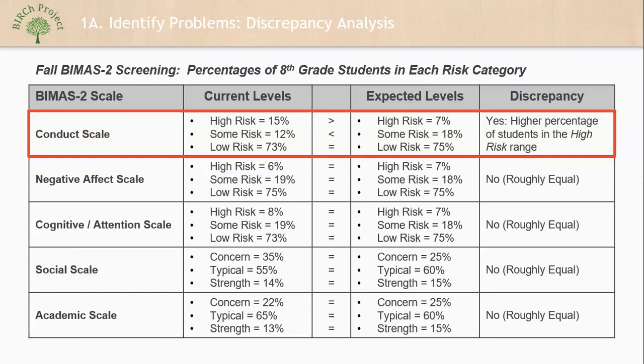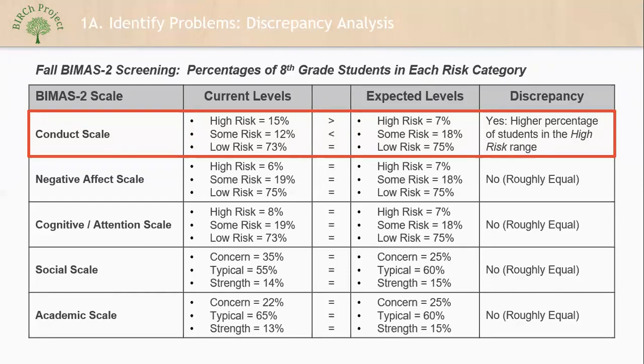We have a little bit less than we would expect students falling in the some risk range, but that is because we have more students than we would expect in the high risk range. So we do have a discrepancy on the conduct scale between what we would expect in terms of the percentage of students we expect in the high risk range versus what we actually see. So this is a problem, what we expect or the desired state and what we currently have. So there's a discrepancy. There's a higher percentage of students in the high risk range on the conduct scale for the fall BIMAS screening.